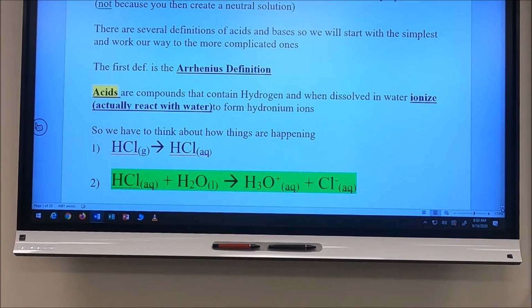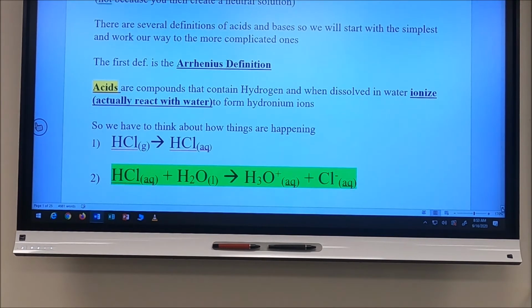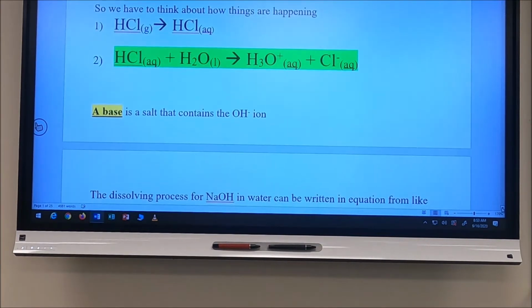According to Arrhenius, an acid is a compound that contains hydrogen and when dissolved in water ionizes. It actually reacts with the water to form hydronium ions. So let's look at the process of an acid like HCl dissolving in water.